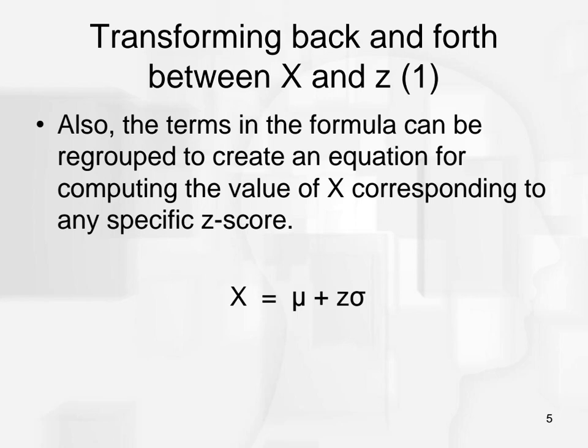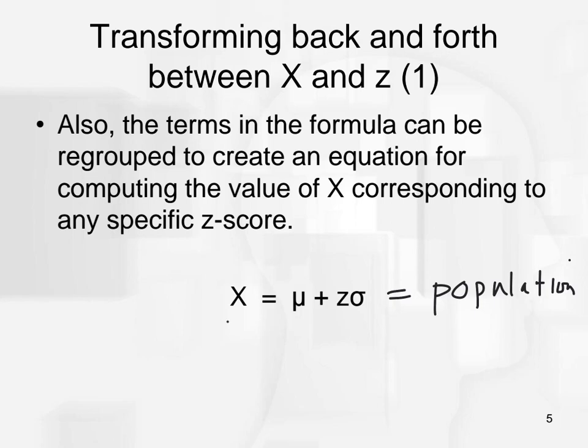All right, now, here is another equation for you to write down. So the equation that you have here is for the population. And you can clearly see that in this case, what this equation is giving you is a way to solve for x. So we have x equals mu plus z multiplied by the standard deviation. So once again, we're solving for x, and we have mu plus the z-score times the standard deviation in the population.